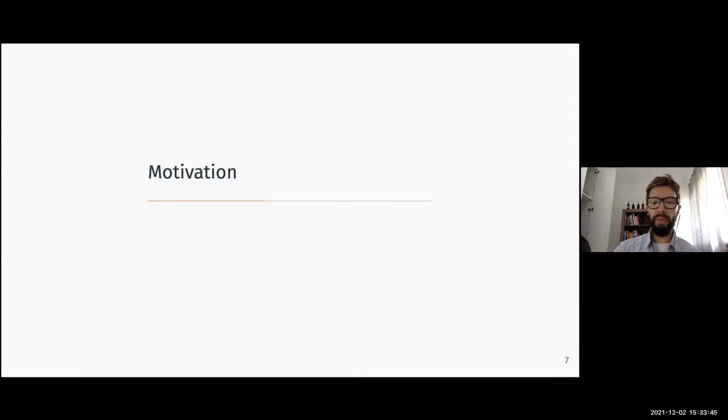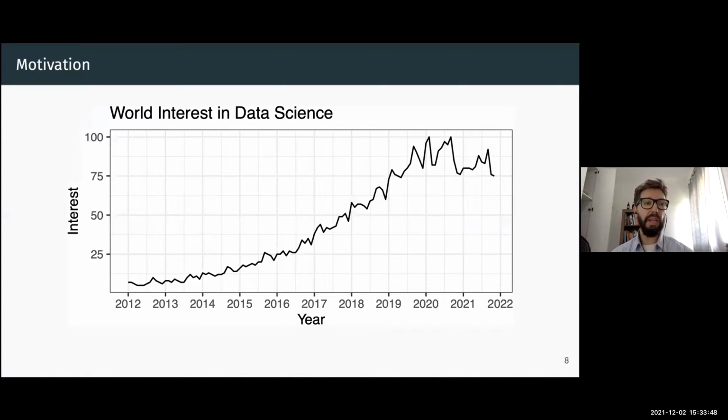The motivation for this talk is the interest in data science, because I went to Google Trends. It's a Google tool where you can give some keywords and see how popular that keyword is in Google search. It's a normalized result, so the peak of interest in the keyword is normalized to 100.